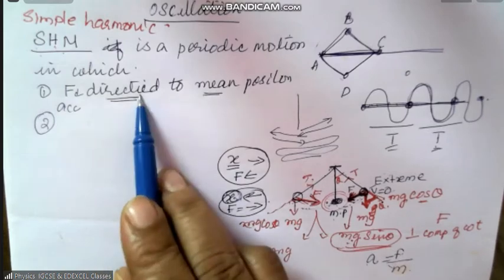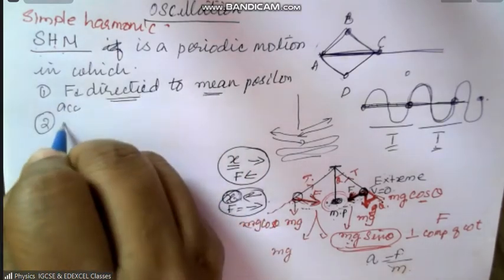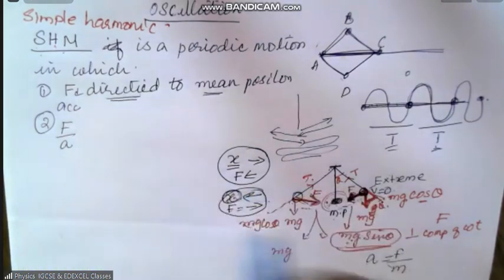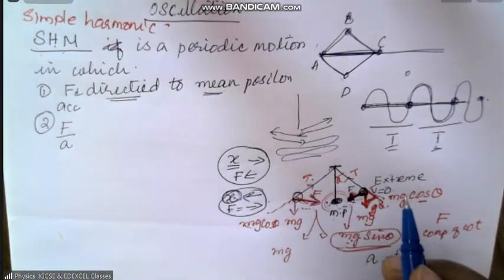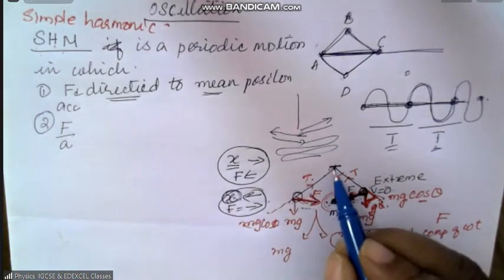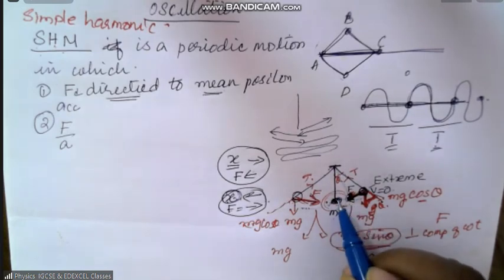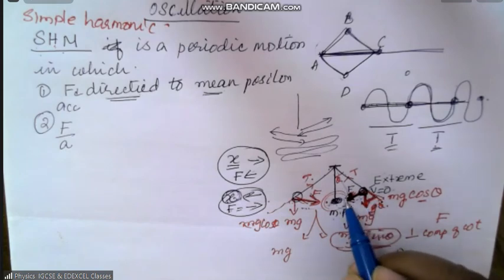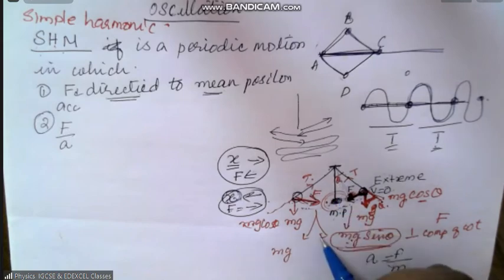It must be directed to the mean position, and the force or acceleration must be directly proportional. Directly proportional means what? If you move it a small distance, then the force will be small. If you move it a large distance, then the force will be large. Why? The theta will be smaller.